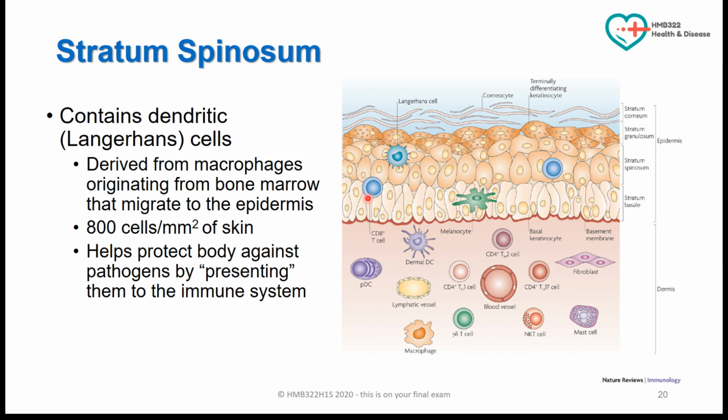If we look at the next layer down, the stratum basale, we will have a T cell. These T cells are specifically CD8 positive T cells. And then I'll talk about this melanocyte in a moment. We have a lot of these. Your skin is actually an immune reservoir. We have about 800 of these immune cells, like the Langerhans cells, per cubic millimeter of skin.